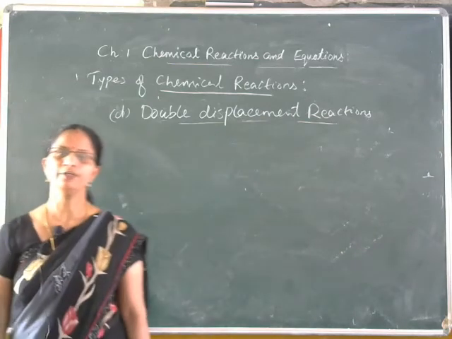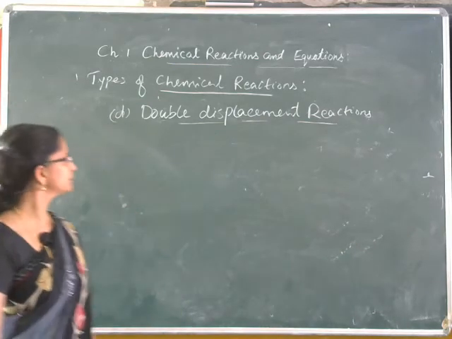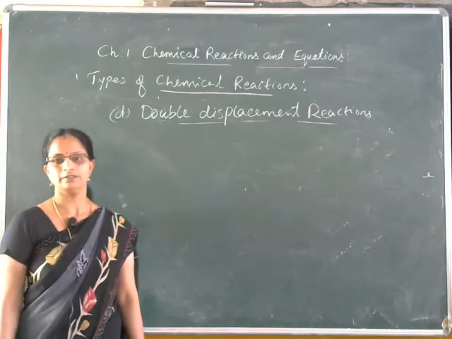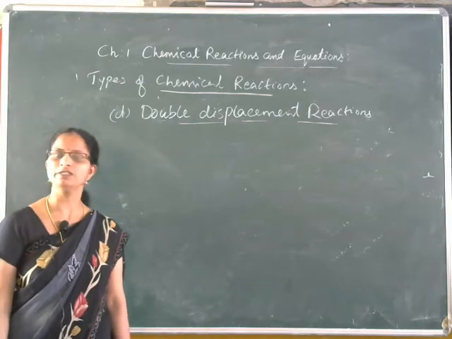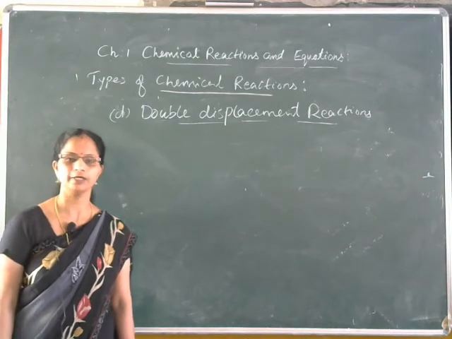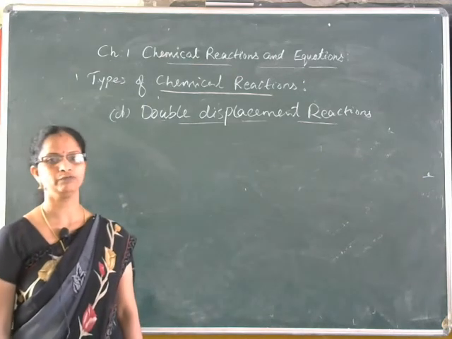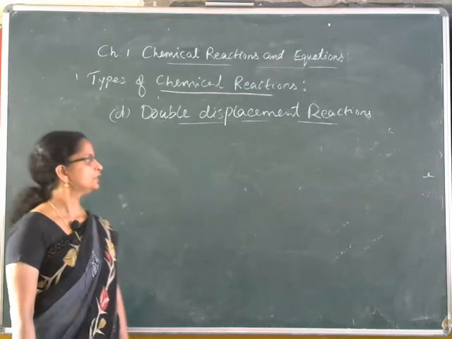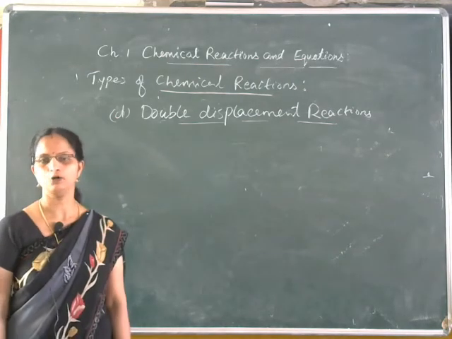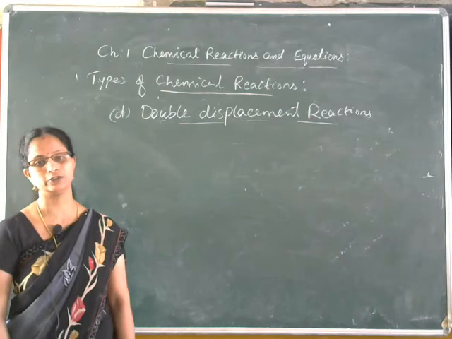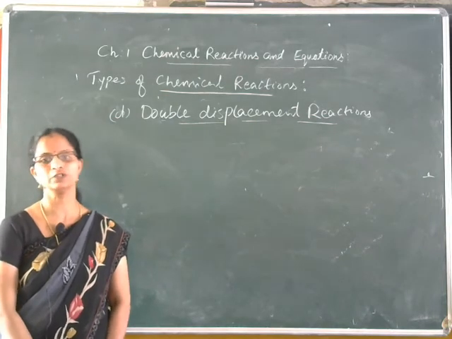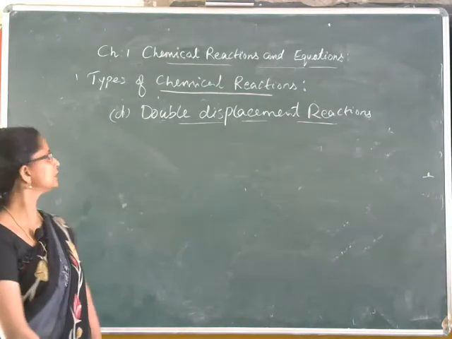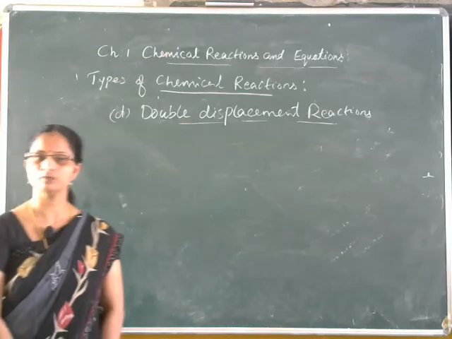In this type of reaction, the ions present in the reactants, cations and anions, we know an ionic compound is formed by the union of a cation and an anion. So the cations and anions of the reactants get exchanged with each other to form the new substances or the new products. That is known as a double displacement reaction.